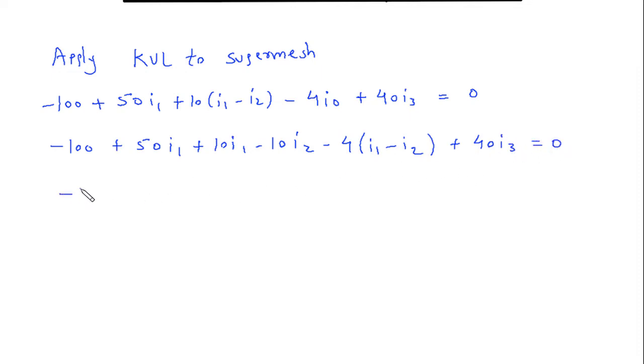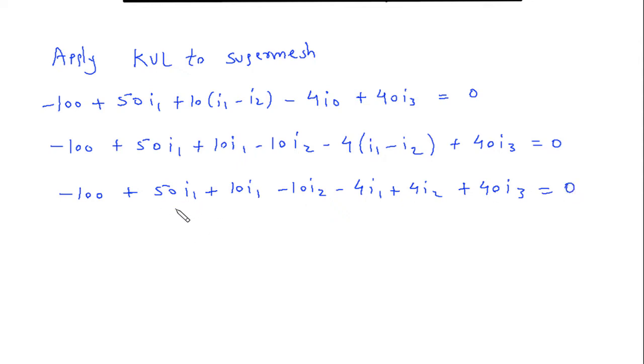So this will be minus 100 plus 50 I1 plus 10 I1 minus 10 I2 minus 4 I1 plus 4 I2 plus 40 I3 is equal to 0.